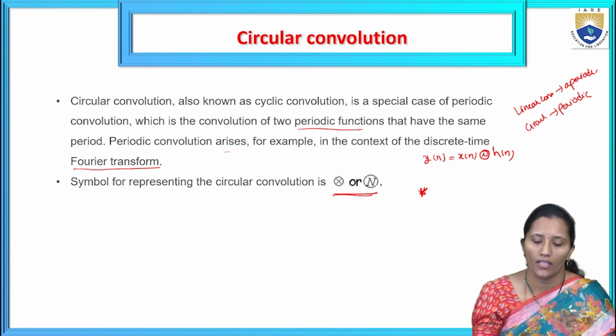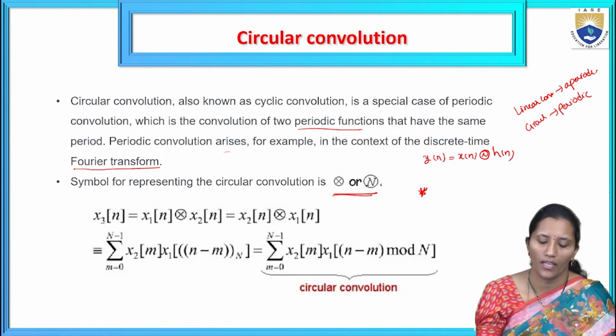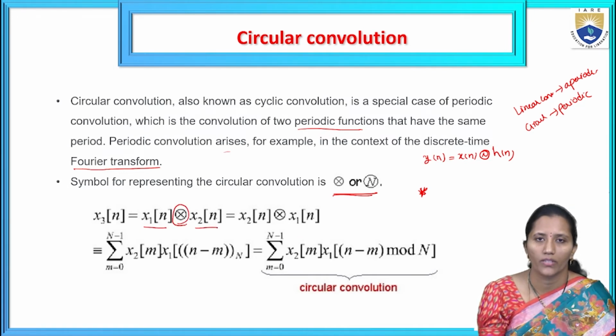The formula for circular convolution is x3 of n. I am taking two sequences here, x1 of n and x2 of n. The symbol for circular convolution is this one. It satisfies the commutative property, so we can perform either x1 of n convolved with x2 of n, or x2 of n convolved with x1 of n.